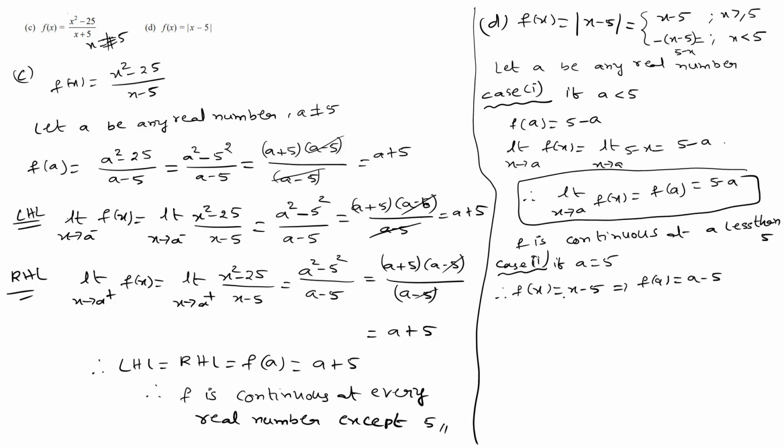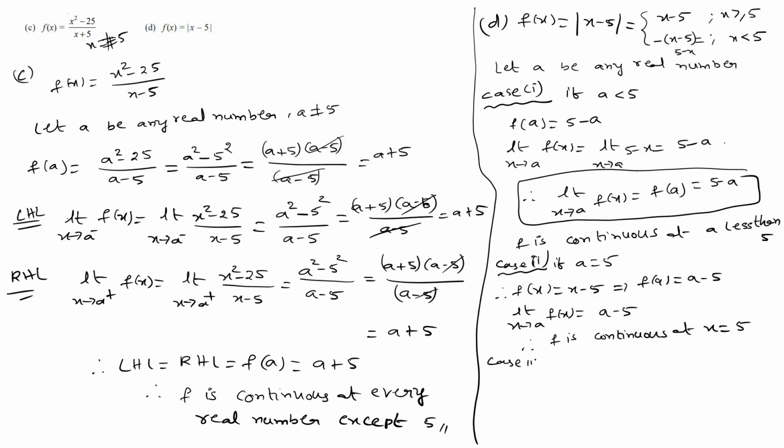Even the limit, limit x tends to a, f of x is equal to a minus 5 only. So both are equal, means f is continuous at x equal to a, or x equal to 5 here. Okay.